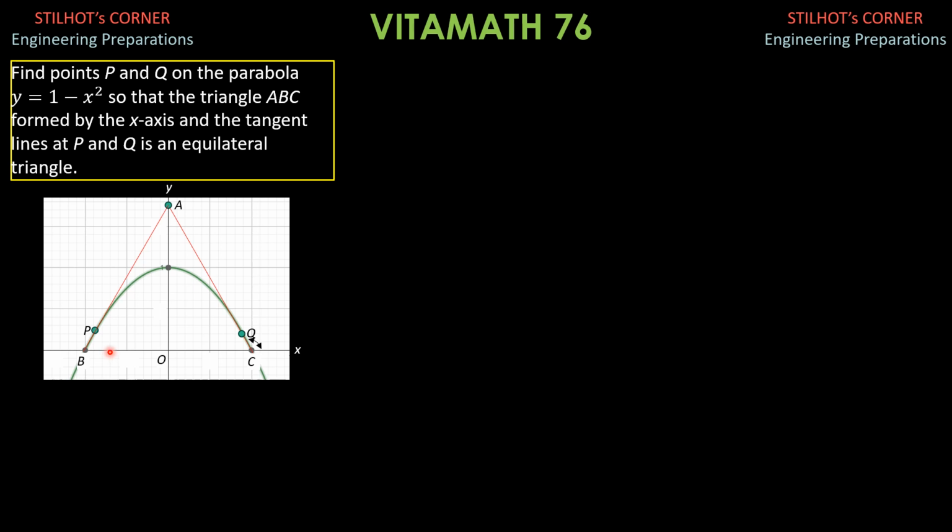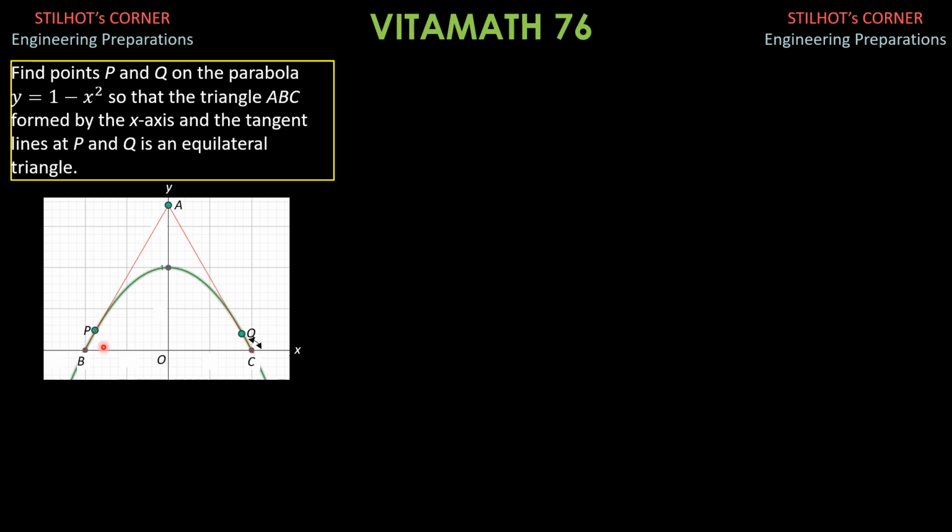And that is why when x is plus or minus 1, y is 0, and the curve is just to the right of B and just to the left of C, very close to P and Q. And when x is 0, y is 1 here.